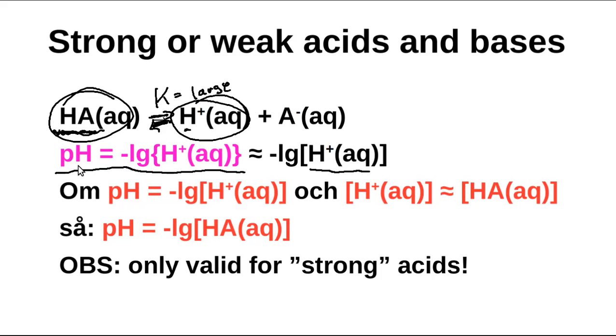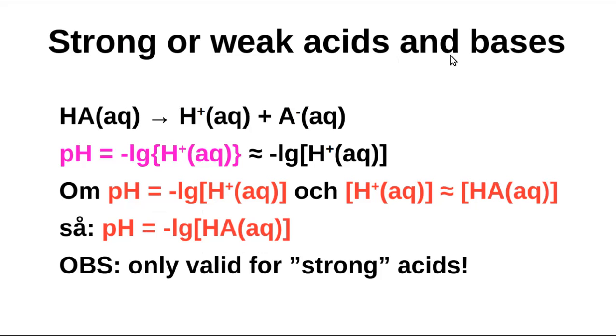Then we could actually replace the formal correct definition of pH with the concentration of the strong acid. But this assumes that this strong acid is, as the book says, completely dissociated.